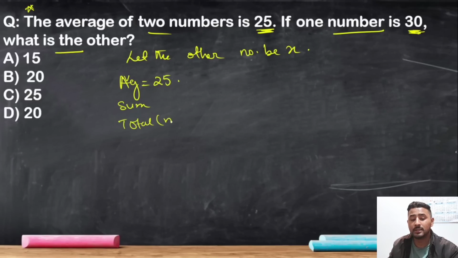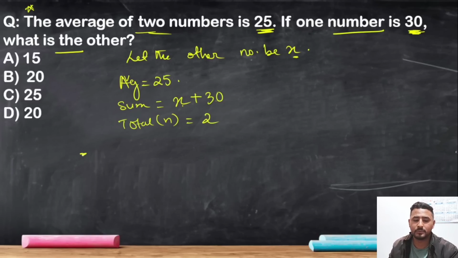The sum means x plus 30, because the other number is x and one number is 30. The total number is only 2, as they already mentioned 2 numbers.